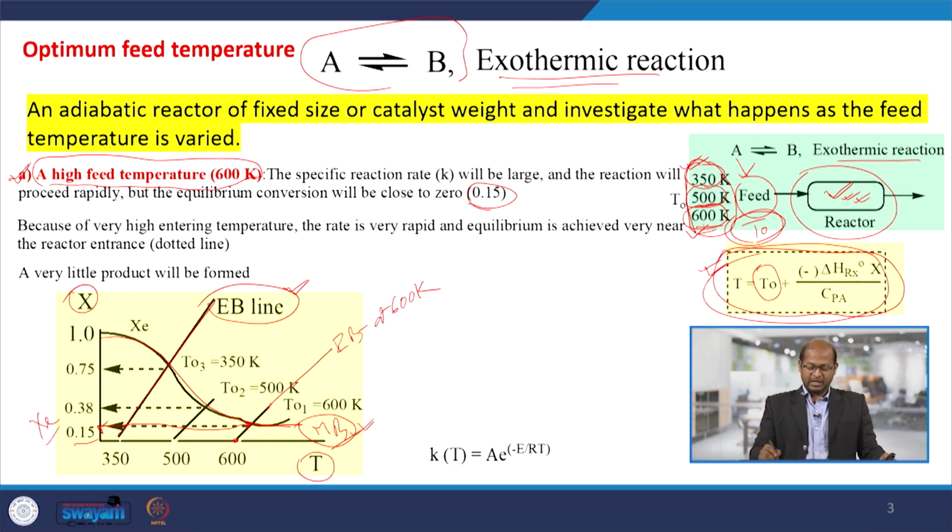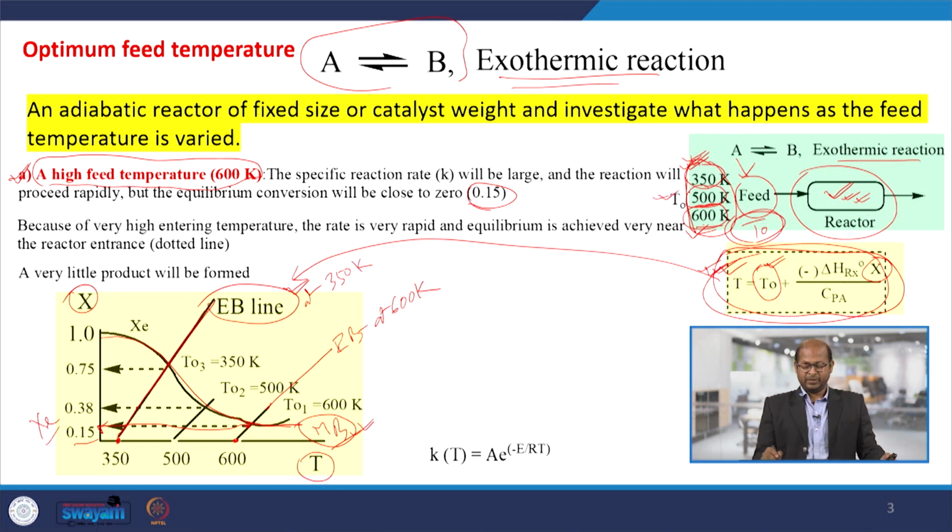If we start the reaction at a feed temperature of 350 Kelvin and plot x versus temperature, the energy balance line starts from here, at 350 Kelvin.